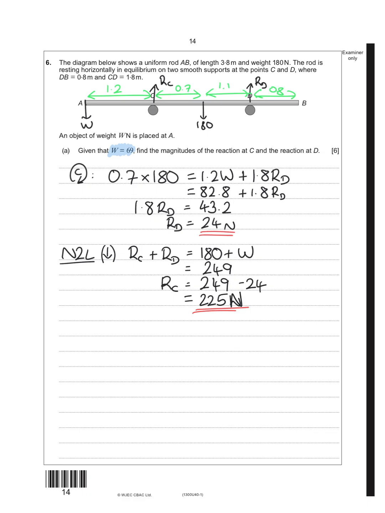Okay, moving on. So determine the greatest value of W for which the rod remains in equilibrium. So if I make W heavier and heavier and heavier, eventually we'll get to the point where we rotate about C, and that will mean that the reaction at D is 0.